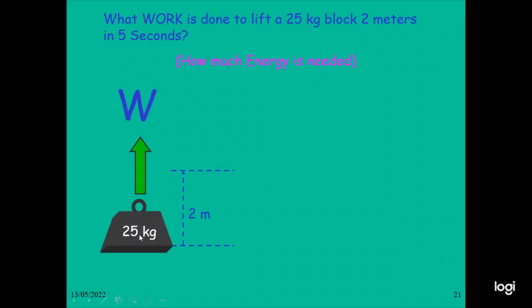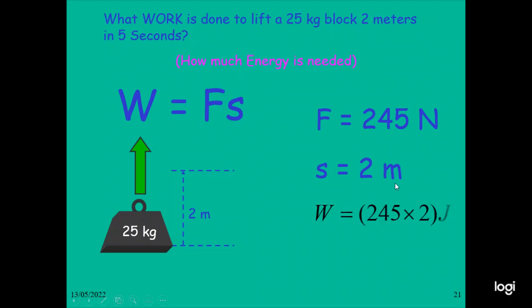The work is finished when the block reaches the 2 meter height. So W equal to F multiplied by S, force times distance. The force is 245 newtons, we already know. And distance is 2 meters when you are lifting. So S is 2 meters. So W equal to 245 multiplied by 2, you get 490 joules.